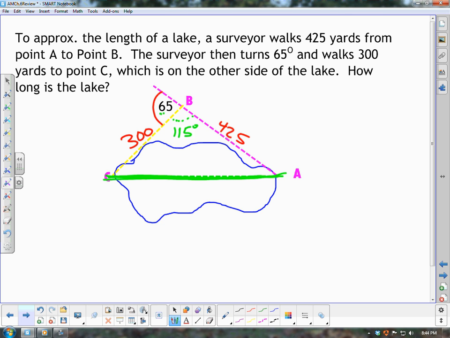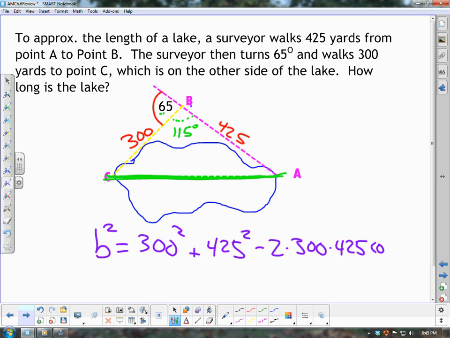And so then you can say x over the sine of 115 is equal to, no, you can't use the law of sines. That's just not right. You can use the law of cosines and say that, since that is b, we'll say b squared equals 300 squared plus 425 squared minus 2 times 300 times 425 times the cosine of 115.